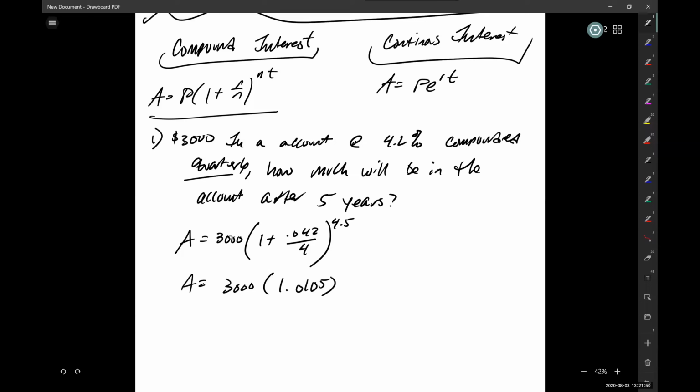People lost a couple points in the quiz simply because they lost track of a zero. And then 4 times 5 is raised to the 20th power. And then now we can just chuck this in the calculator. That's going to give us $3,696.98.